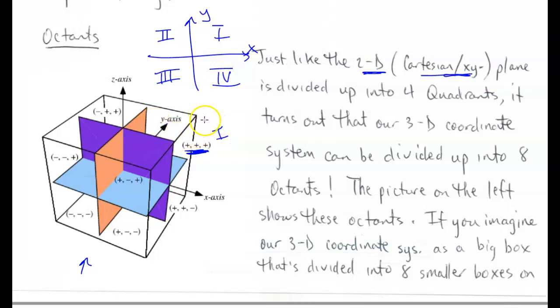So we would call this particular region of points here octant number 1. Now, for the rest of these, it really just depends on how you feel comfortable labeling them. But there is no standard convention for labeling the rest of the octants. Okay, unlike how it is with the XY plane in 2 dimensions, where we normally do go counterclockwise to label those quadrants.